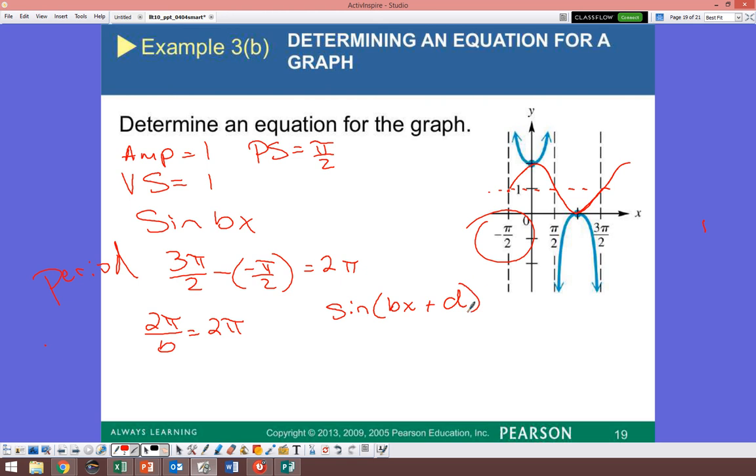Okay, this is actually from some of our previous slides. The phase shift, when I factor this out, I would divide it out. So it's supposed to be sine of b parentheses of x plus d divided by b.